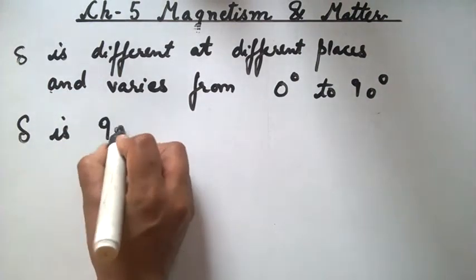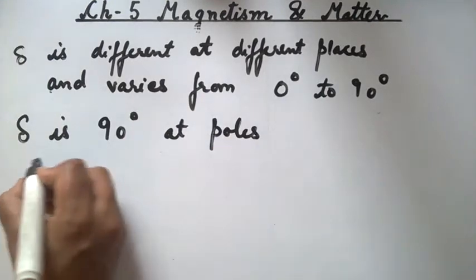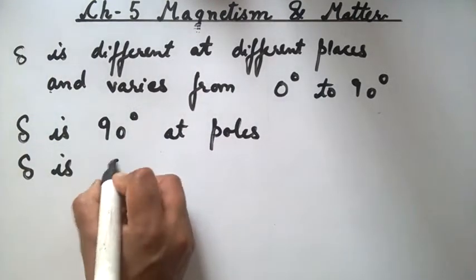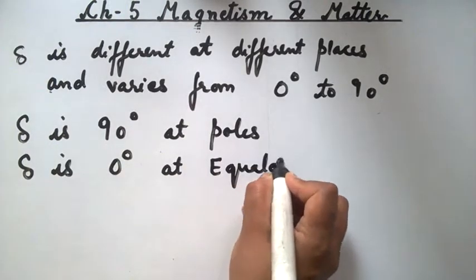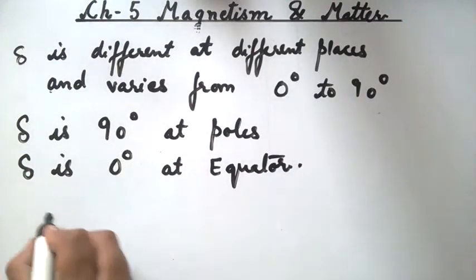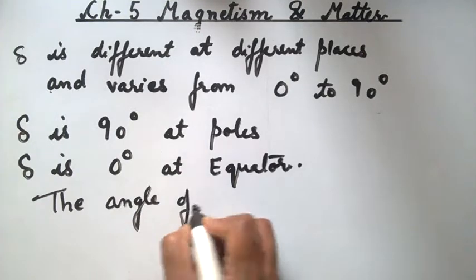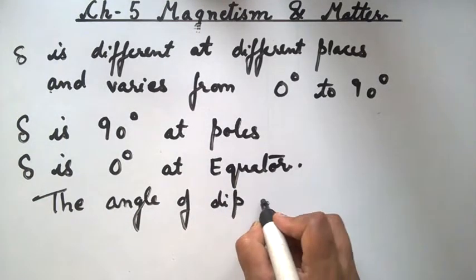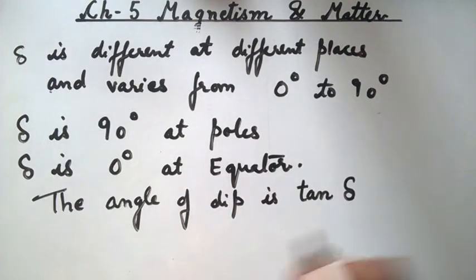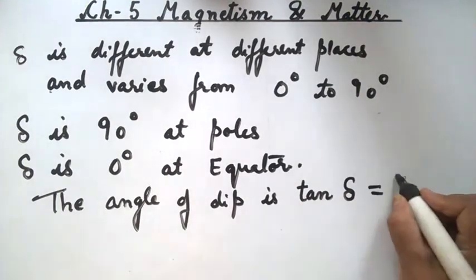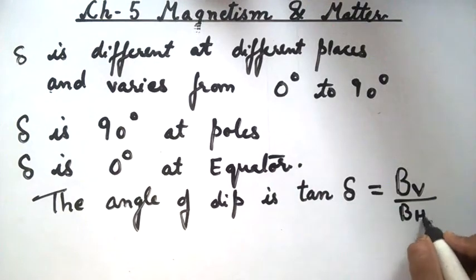Del is 90 at poles and 0 at equator. And the angle of dip is given by tangent of inclination equal to vertical magnetic field by horizontal magnetic field.